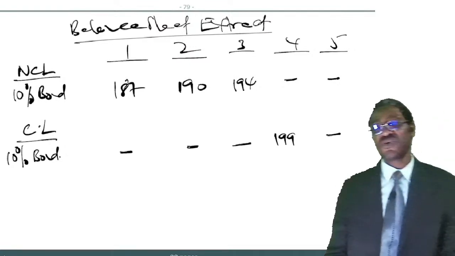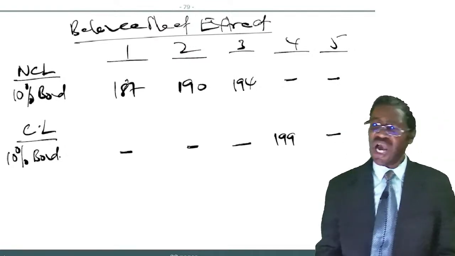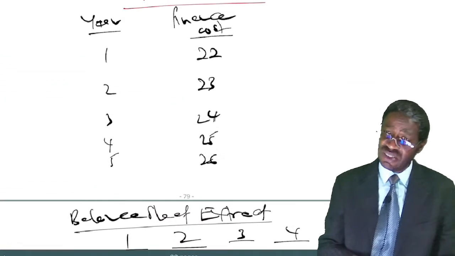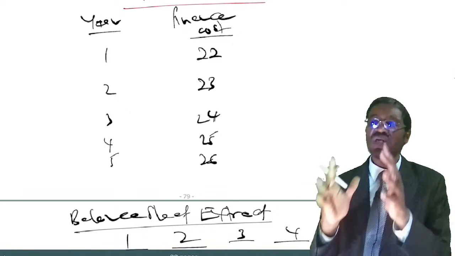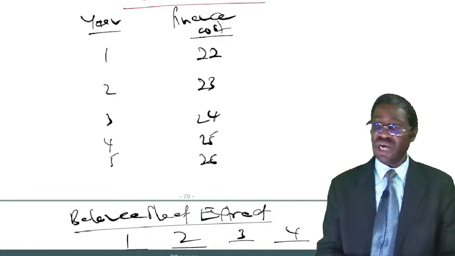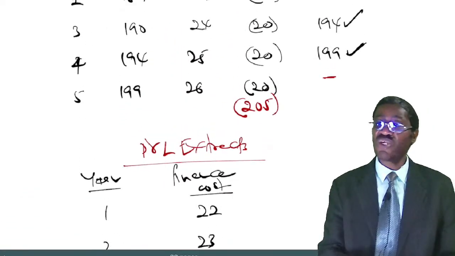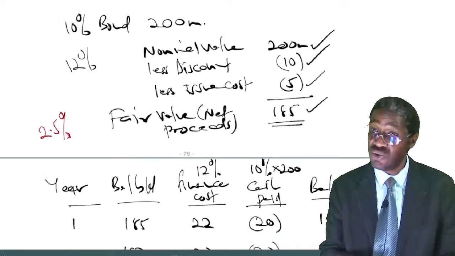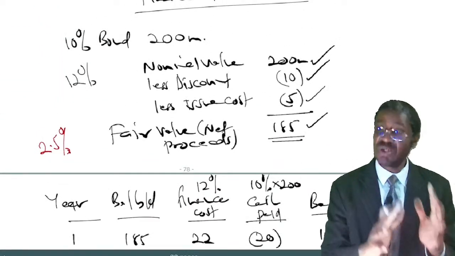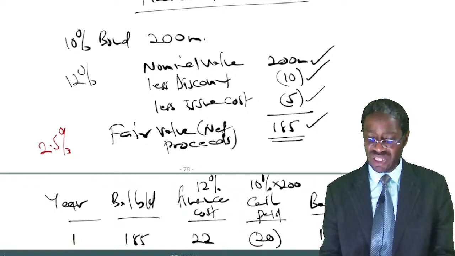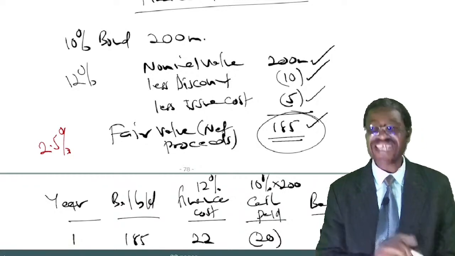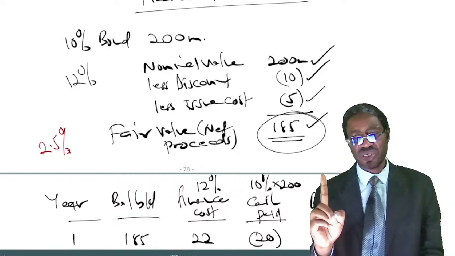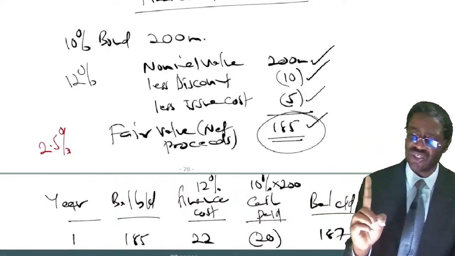Good. So I've explained how we shall be calculating the amortized cost of a financial liability, and also how we shall be calculating the fair value of a financial liability. To get the fair value, get the net proceeds from the issue of that financial instrument.